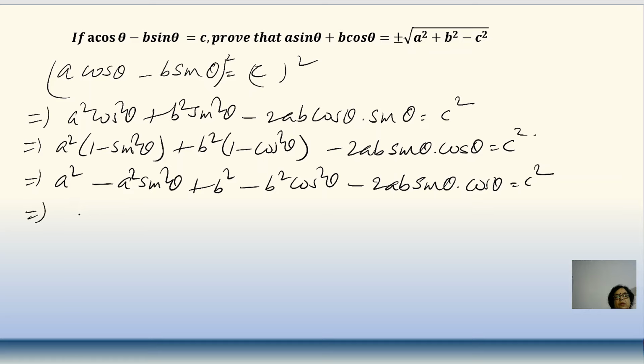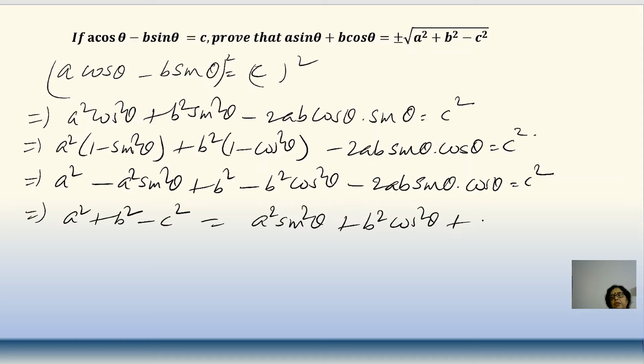Now we'll transfer the terms. We'll keep a square plus b square and bring c square to the left hand side. Transfer the remaining terms to the right hand side. So we get here a square sine square theta plus b square cos square theta plus 2ab sine theta cos theta.